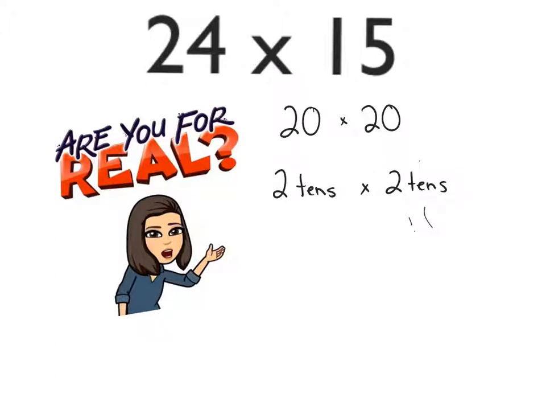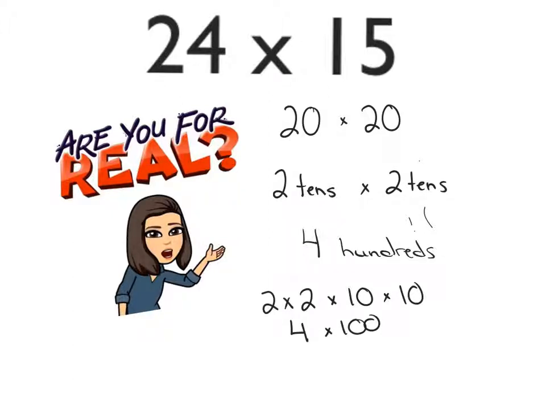And you know that would make 4 hundreds, because you can think of it as 2 times 2 times 10 times 10, decomposing the 20s. So this will make 4 times 100, and that gives me 400. So my answer approximately should be around 400. If we get an answer later that isn't around 400, then we may need to check our answer again.